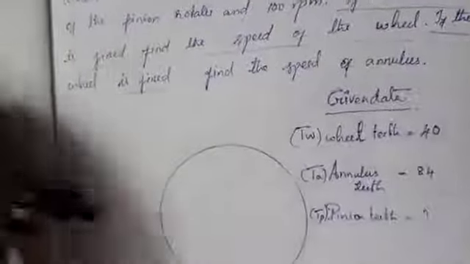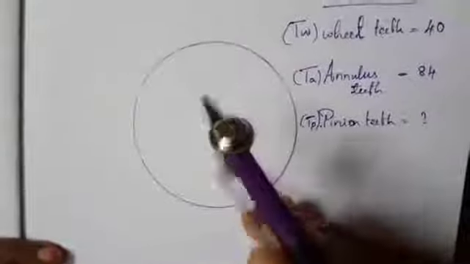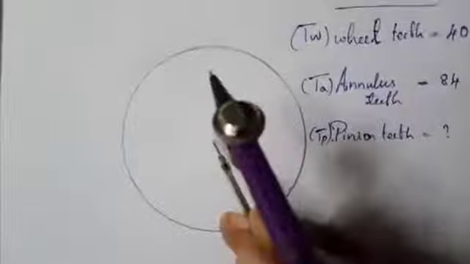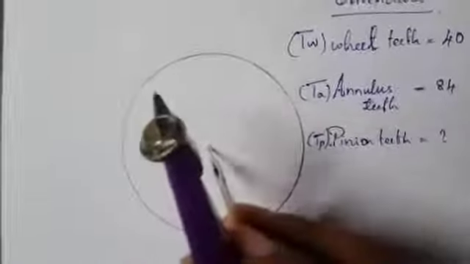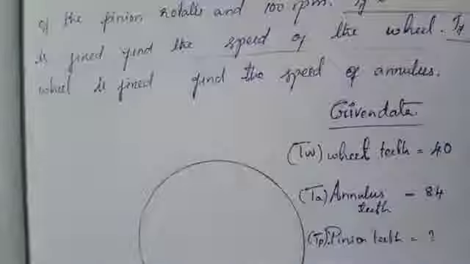Now I'll construct the diagram. The diagram is not given, you need to construct it. Internal gear, I already told you, has the teeth internally. That internal gear has 84 teeth, so it is a bigger one. I have drawn this internal gear initially. And the wheel is concentric with the internal gear.